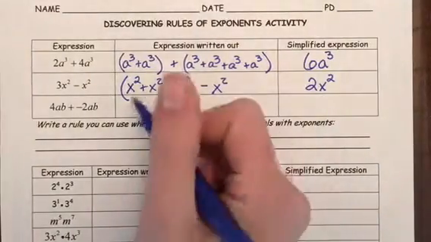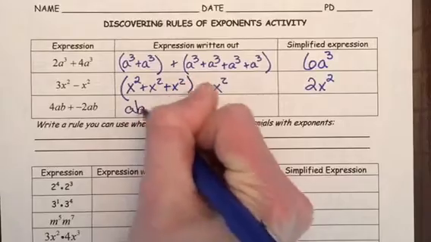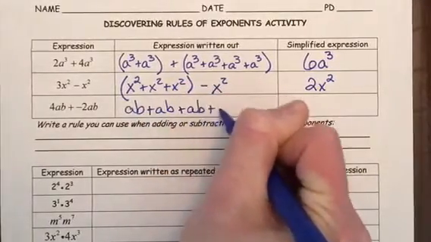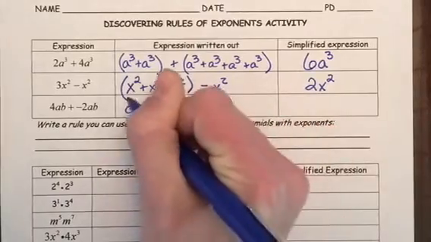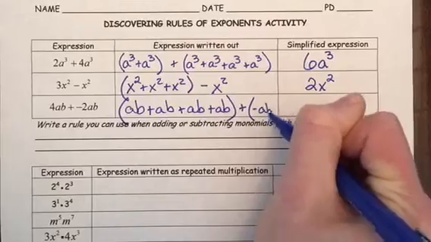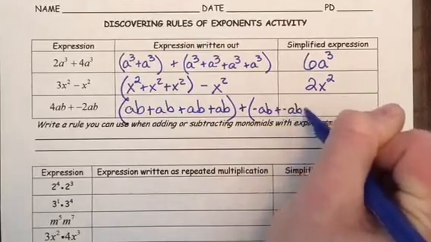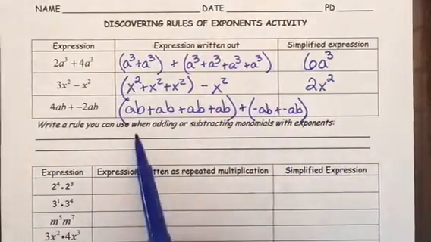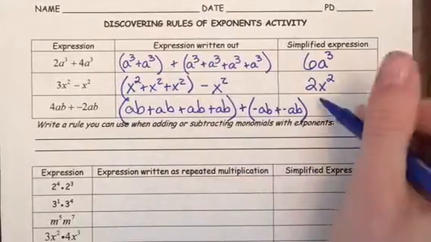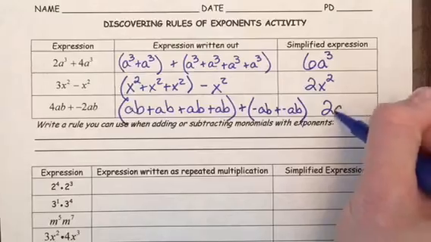So for the last one, you should have gotten AB plus AB plus AB plus AB plus negative AB plus negative AB. So we had 4 ABs and we added negative 2 ABs. That left us with 2AB.